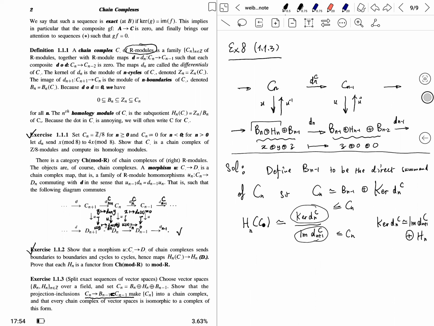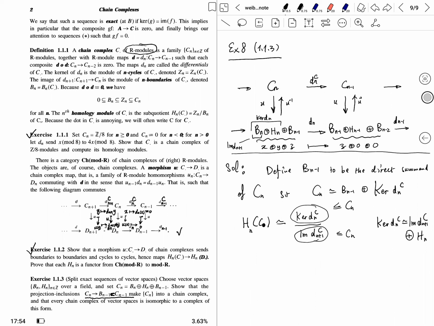And so basically this is the kernel of D_n, and the kernel of D_n could be further written as the image of D_{n+1} plus H_n. Sorry, this is the complement of these two.